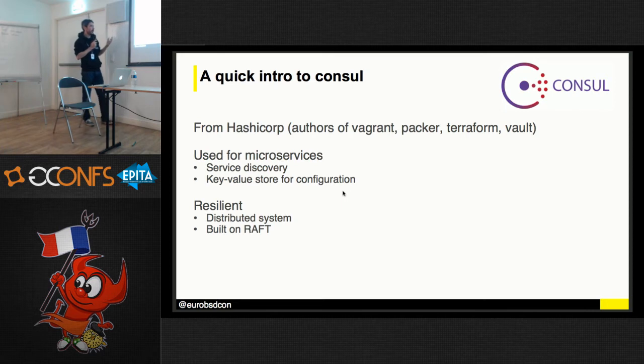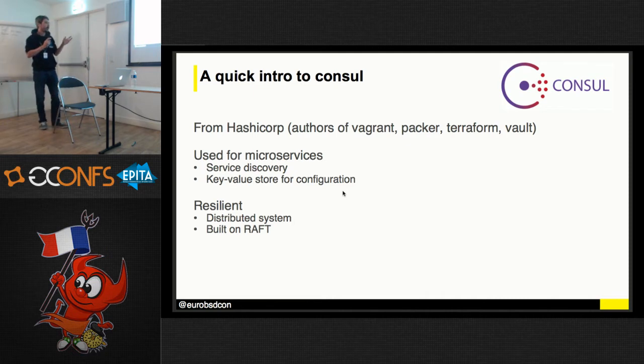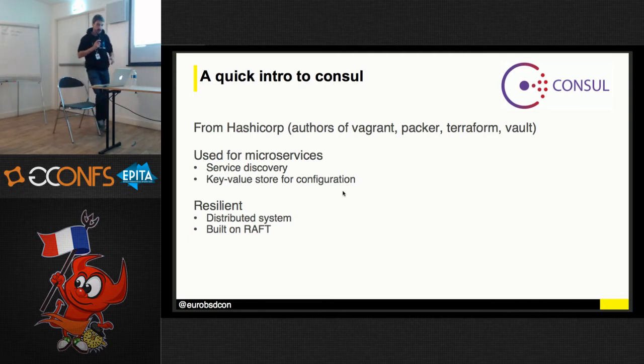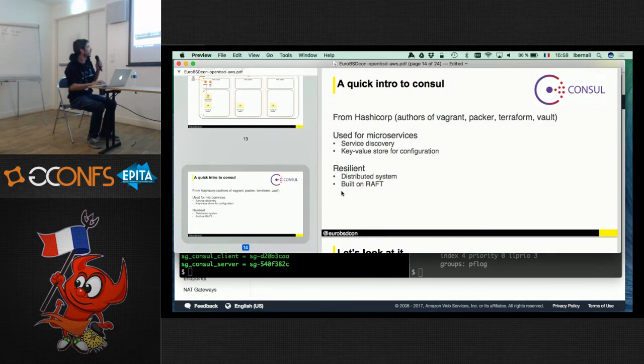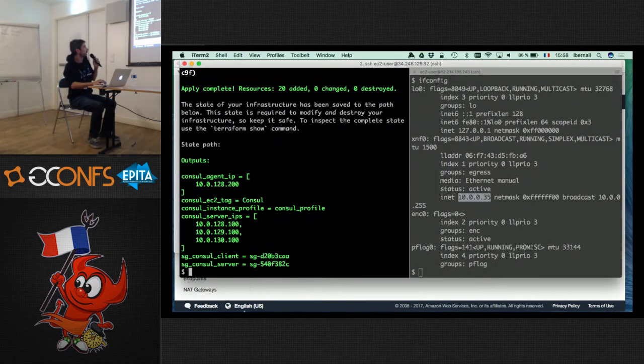What's important is it's very resilient. It's been tested a lot for resiliency, and that's why there's this Raft implementation to make sure that data is always consistent. There's always a master, and if one node were to go down, everything would still be okay. So let's see if it's up now. Okay, as you can see there, it's up.